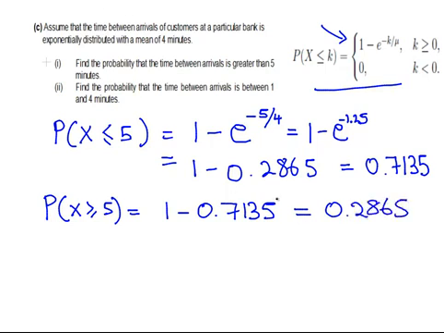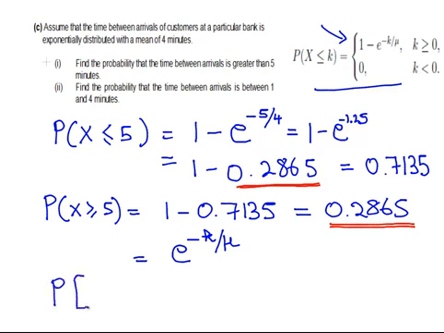I've actually done it the long way here. I've deliberately done it a long way just to show you something, that this is actually equal to e to the power of minus k over mu. In general, this is not actually given in the formula, but it's the idea of the complement rule.